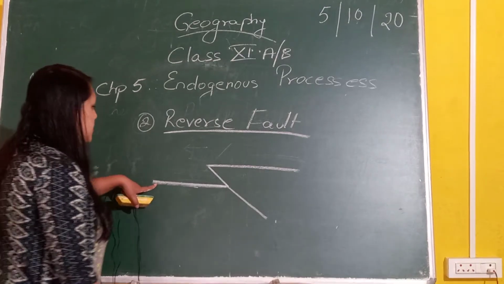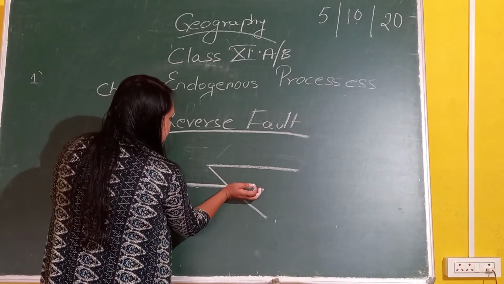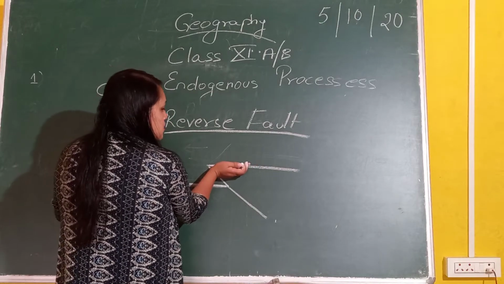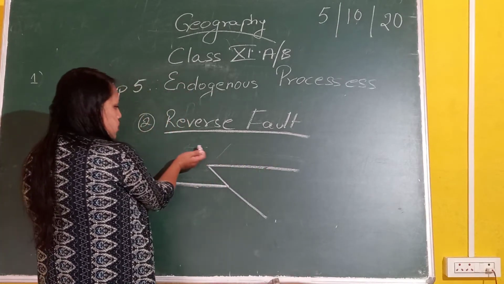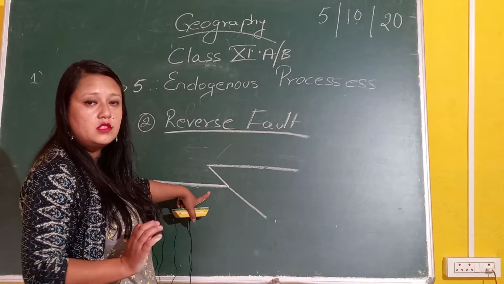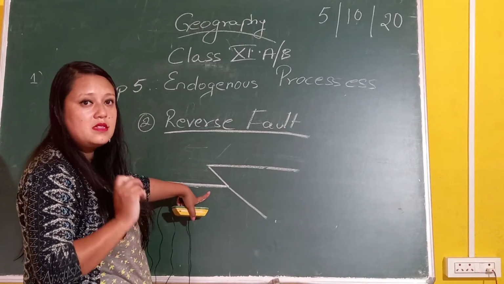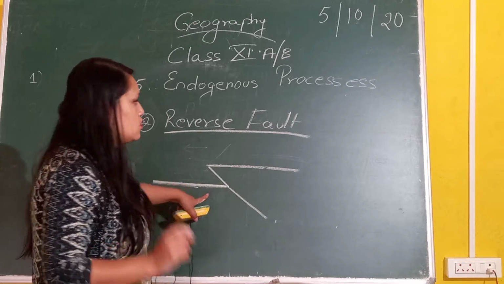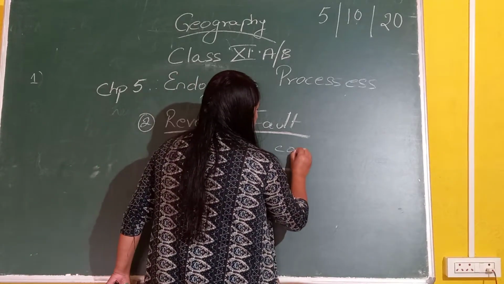It has not moved away but has come towards. You know that normal faults are caused by tension, but this type of fault is caused by compression.